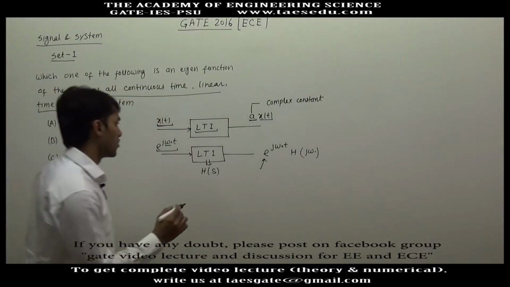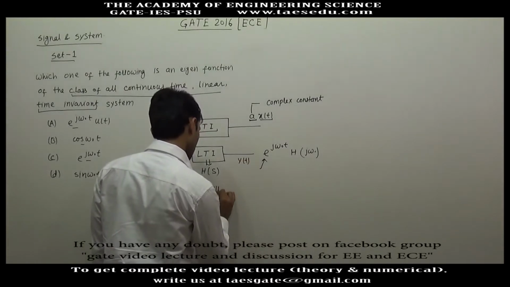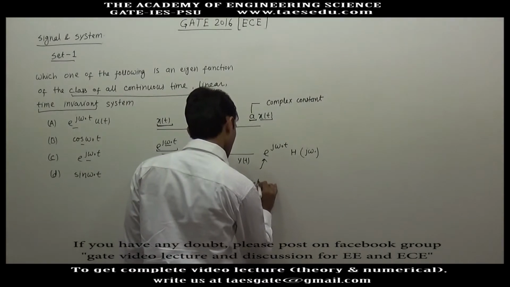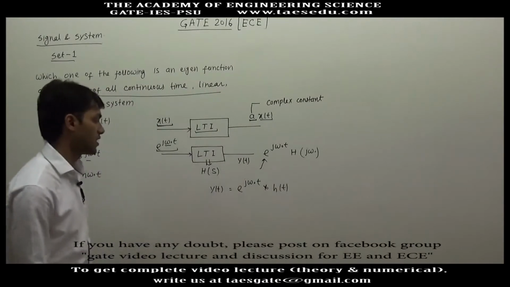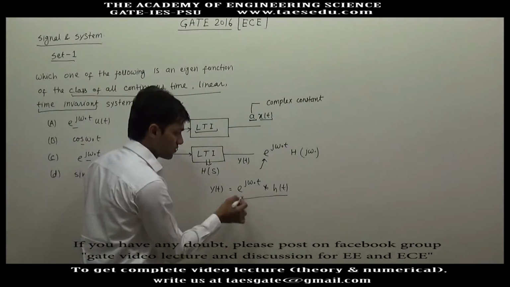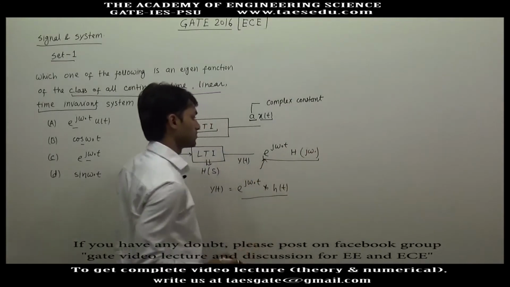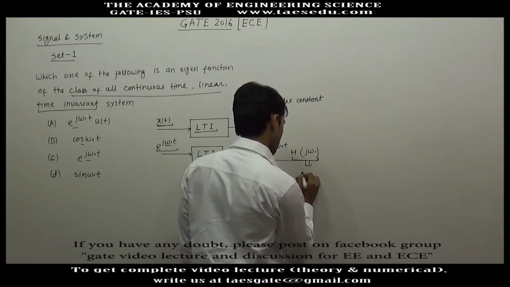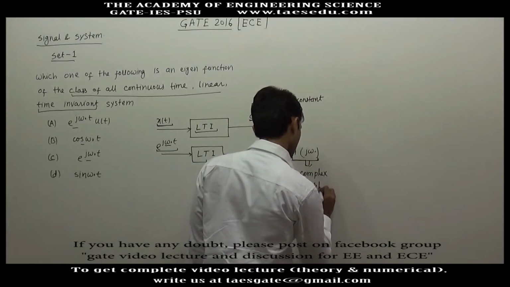Actually, the output y(t) will be e to the power j omega naught t convolved with h(t), the impulse response. When we write down the formula for convolution, we get this type of output, where H(j omega naught) is a complex constant.